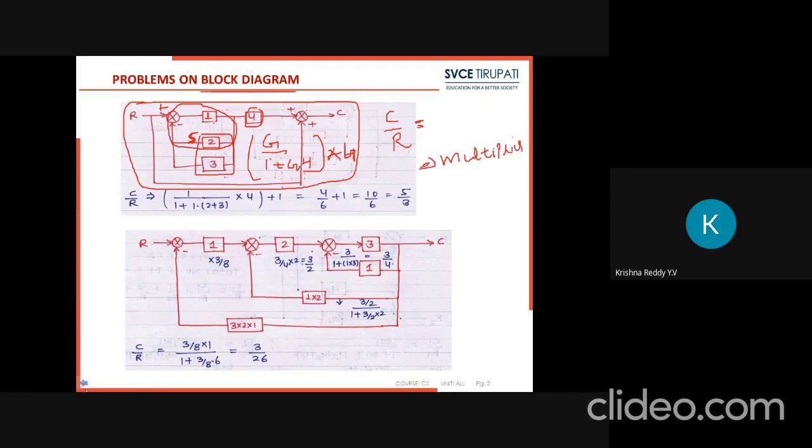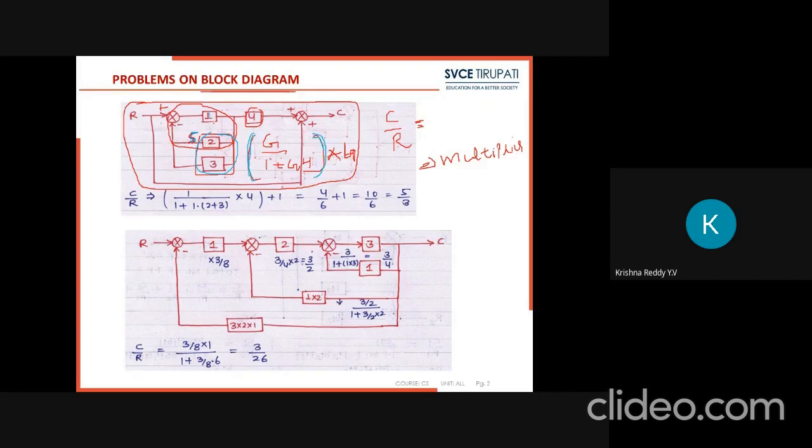Here initially blocks 2 and 3 are in parallel, that's why we are adding. The resultant is 5. The feedback path gain is 5 and the feedforward path gain is 1. It is a closed loop control system. We have G by 1 plus GH as its overall transfer function.